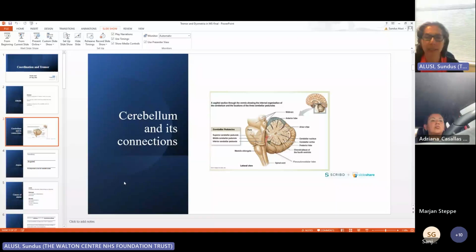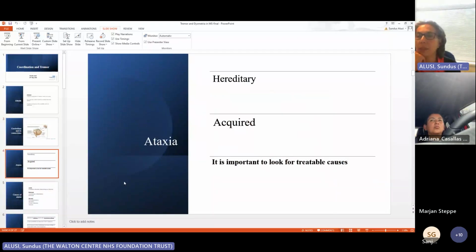And as I said before, ataxia can be due to many conditions. And of course, here you're interested in MS, but as clinicians, you would want a differential diagnosis. So when you see a patient with ataxia, if you don't know the diagnosis of MS and you're just presented with a patient with ataxia, you want to investigate for the differential diagnosis.